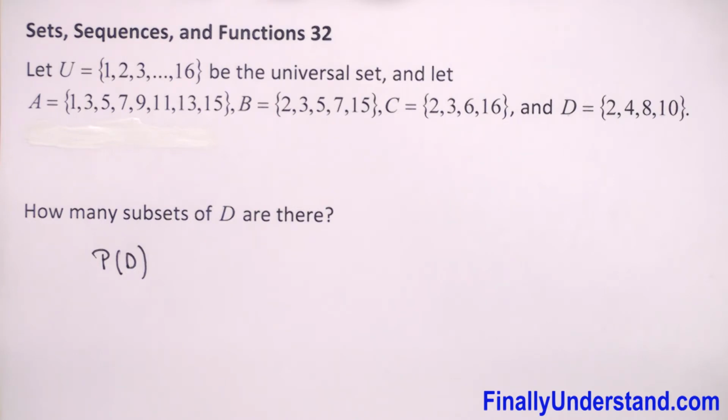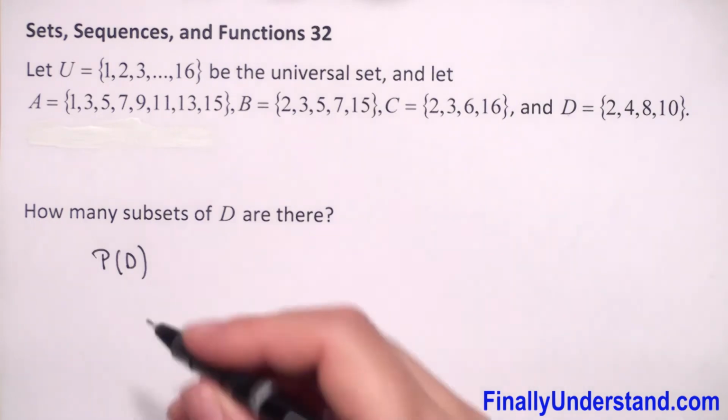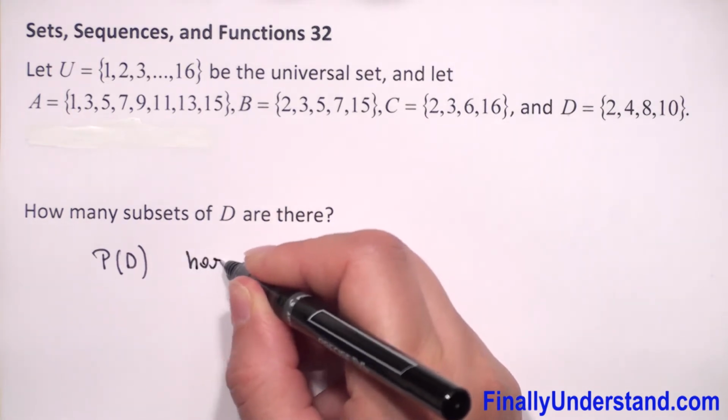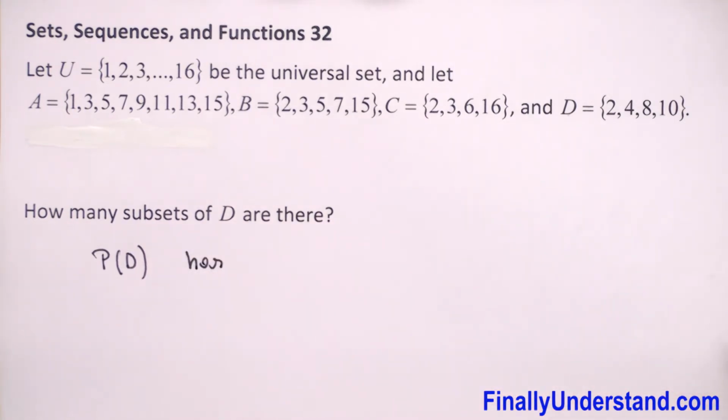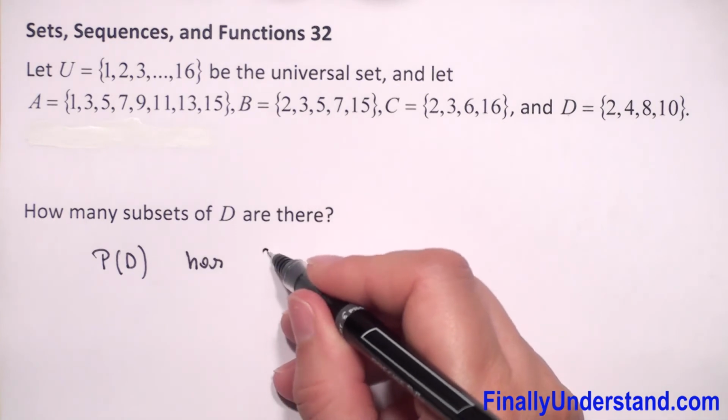In fact, the number of elements in P of D is 2 raised to the power of the number of elements of set D. So we can write that P of D has, in our example, the base is always 2.